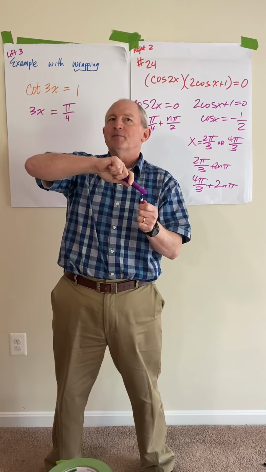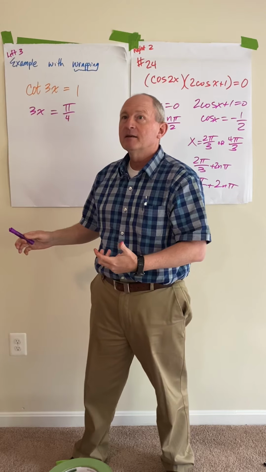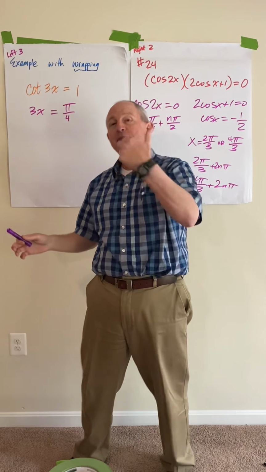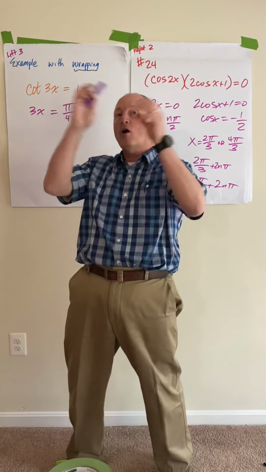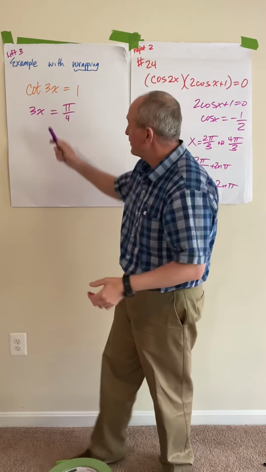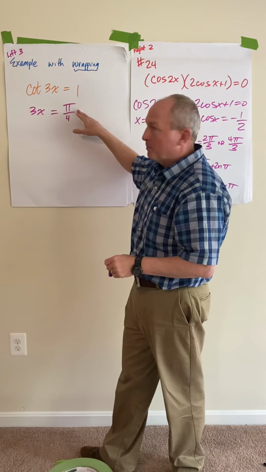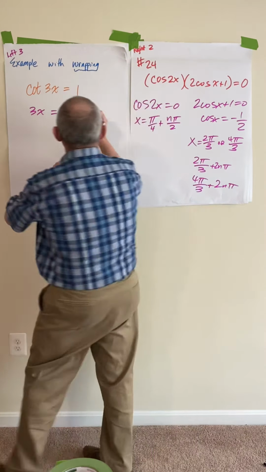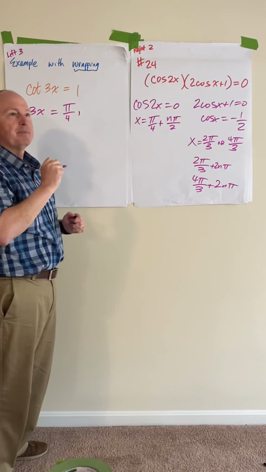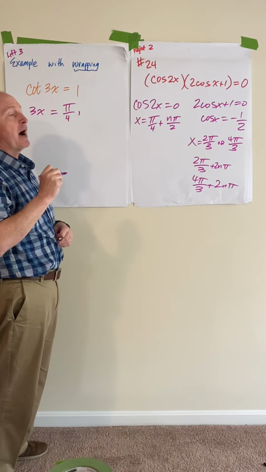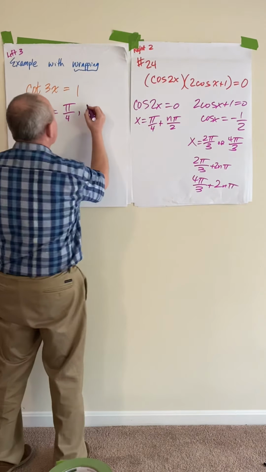If I go from 0 to 6 pi right off the bat, then when I divide by 3, that would restrict it to 0 to 2 pi, because we're looking for all the solutions from 0 to 2 pi. So that 3 tells me I'm going to add 2 pi to pi over 4, because that'll be one wrap. 2 pi plus pi over 4 would be adding 8 pi over 4, which gives 9 pi over 4.